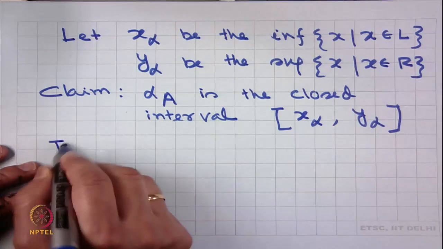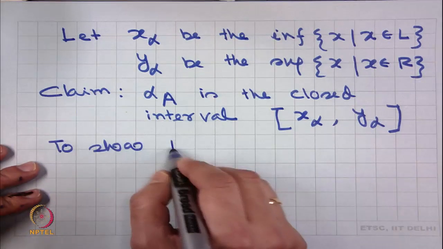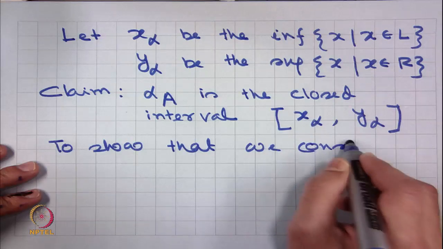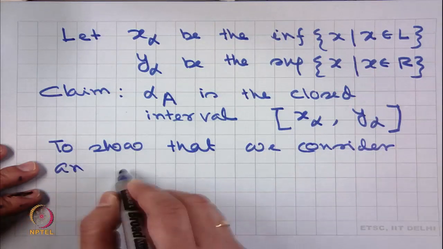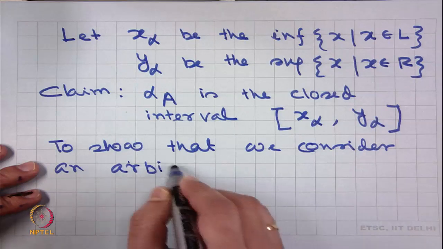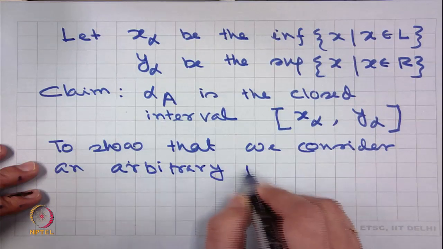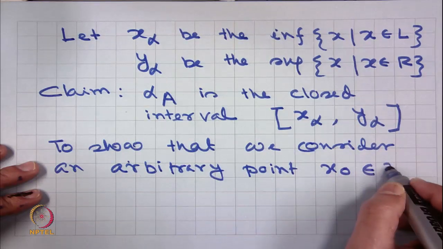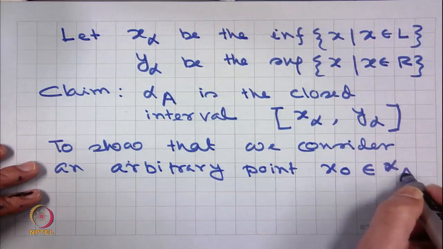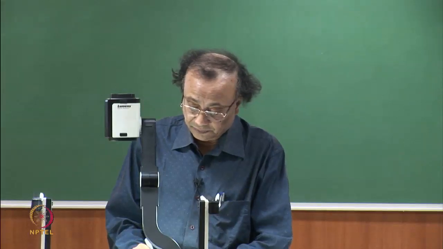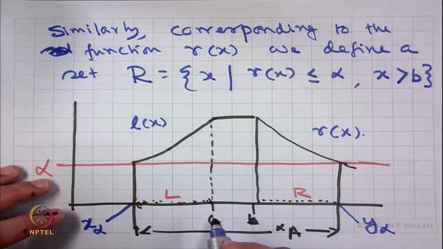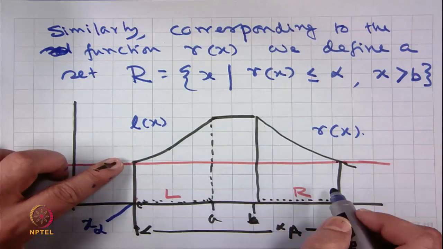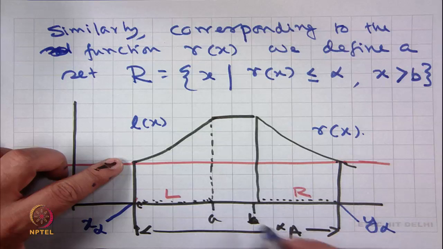To show that, we consider an arbitrary point x naught belonging to alpha cut of A. Again, with respect to the figure, this is the alpha cut. So, with respect to this alpha cut, I am choosing an arbitrary point x naught.